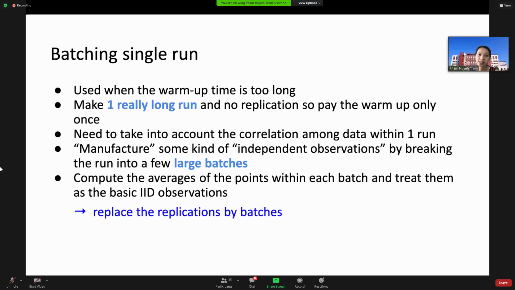Now, in the case when we really don't know the warm-up time because it's too long and we cannot identify it, we have another alternative: making one really long run with no replication. Normally we would run a few replications, but now we make one replication with an even longer time, and we only run it one time.